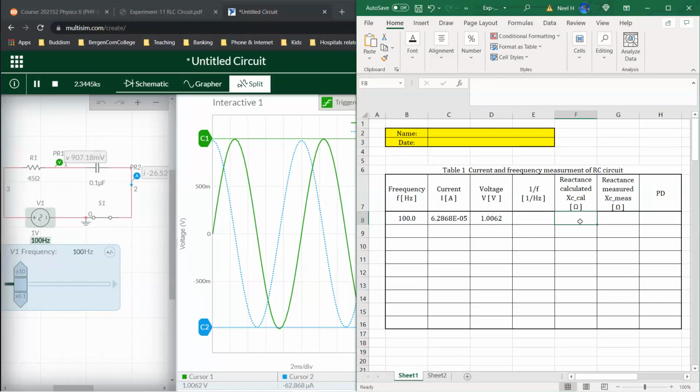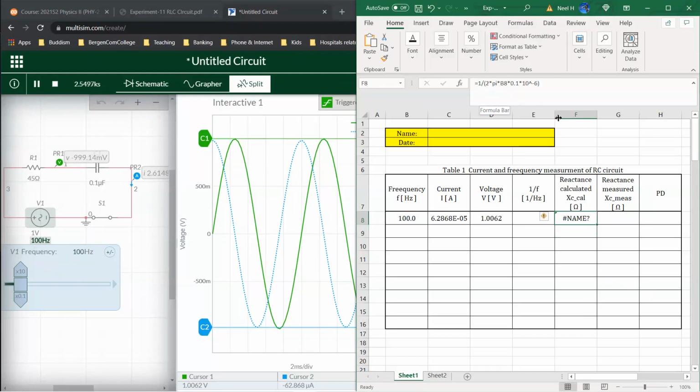Okay, reactance we can calculate by knowing the equation. That's going to be equal to 1 divided by parentheses 2 times pi times frequency value times the capacitance, which is 0.1 microfarad, 0.1 times 10 to the power minus 6, close parentheses, hit enter.